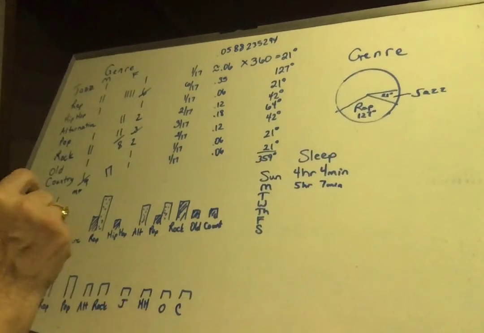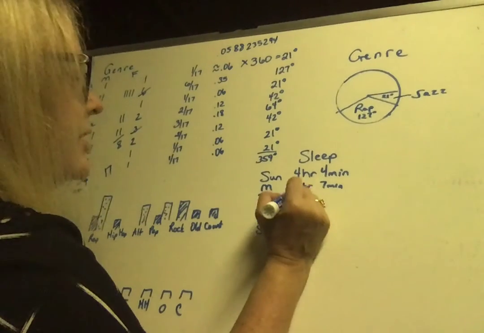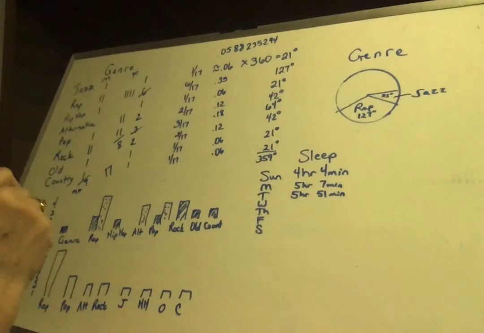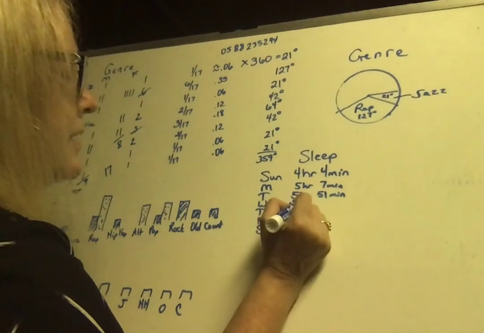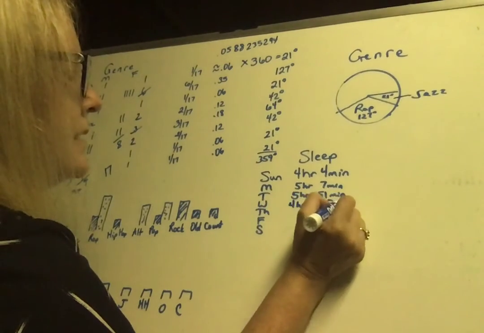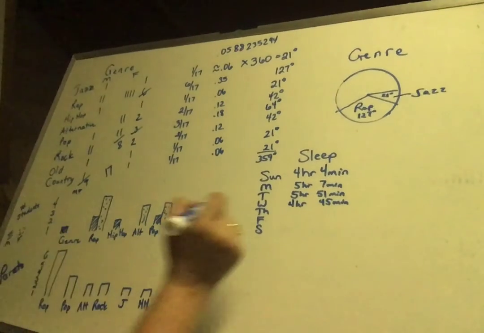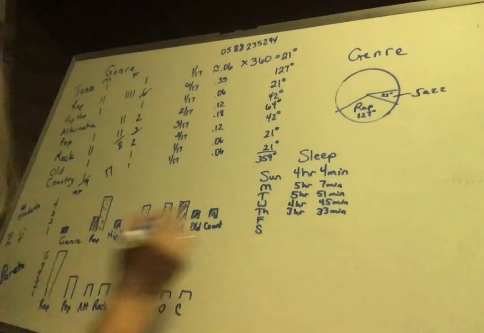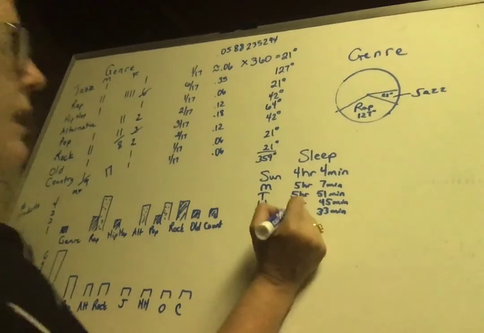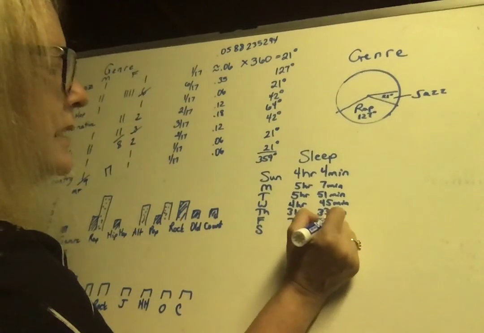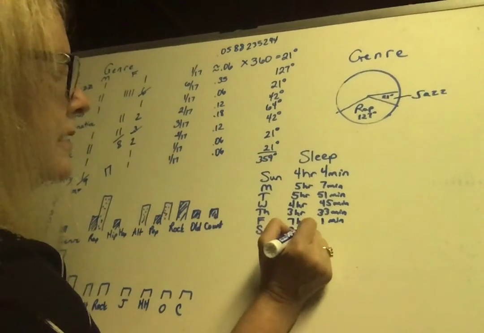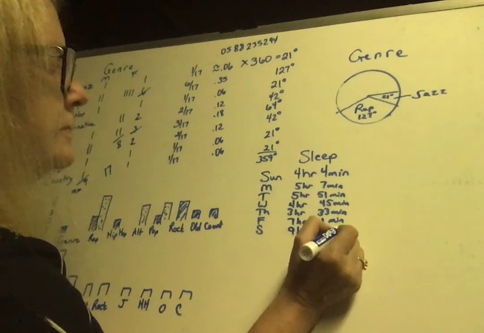Tuesday, 5 hours and 51 minutes. Wednesday, 4 hours and 45 minutes. Thursday, a whole 3 hours and 33 minutes. Friday, 7 hours and 1 minute. And Saturday, 9 hours and 4 minutes.